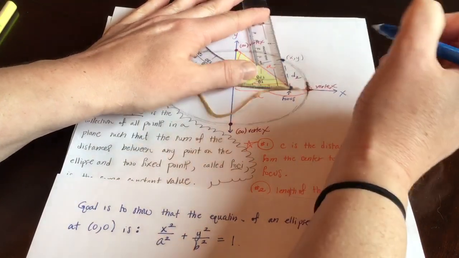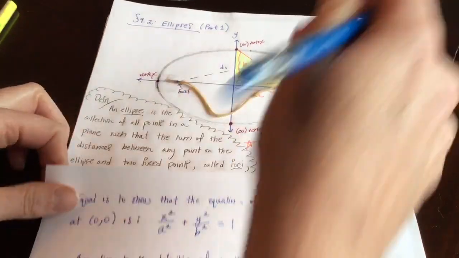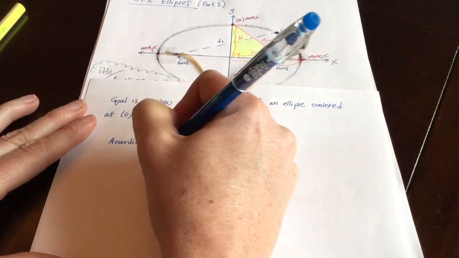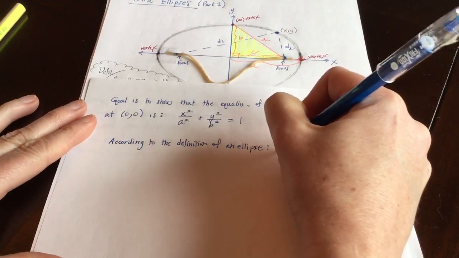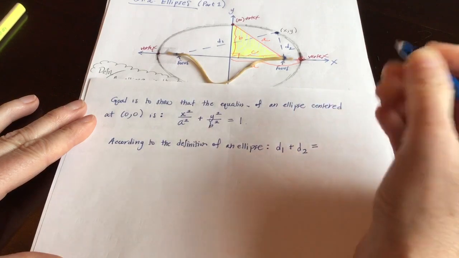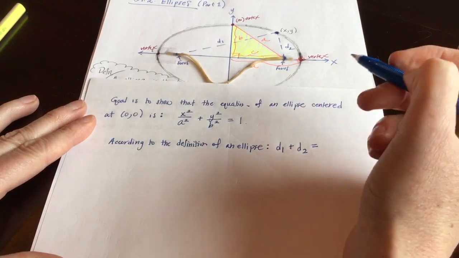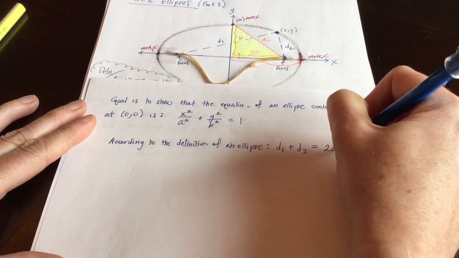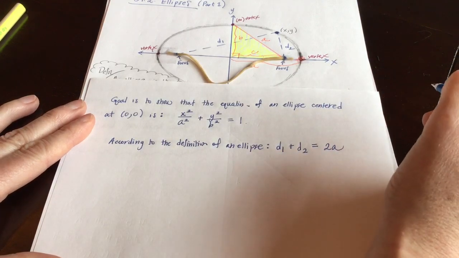I'll label that as distance 2. So according to the definition of an ellipse, distance 1 plus distance 2 always needed to be the length of the rubber band, which was the same as the length of the major axis. So that would equal 2a.